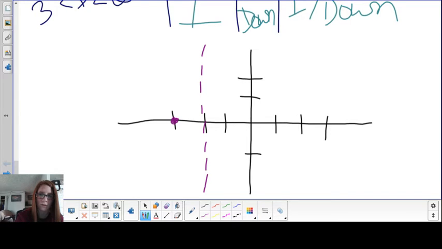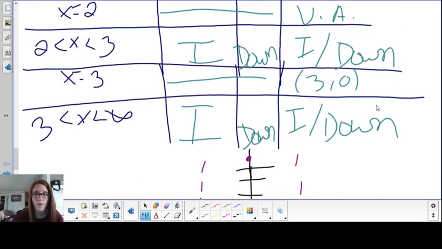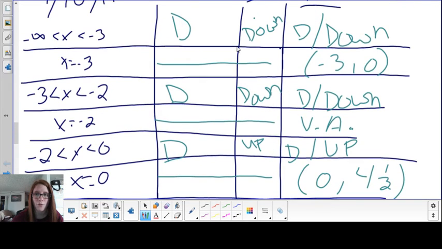So 1, 2, 3, 4. It's a little bit bigger. I've got my point at 0, 4.5. I have another asymptote when x is 2. And I have another x intercept when x is 3. So all I've done there is put in the stuff we started with.